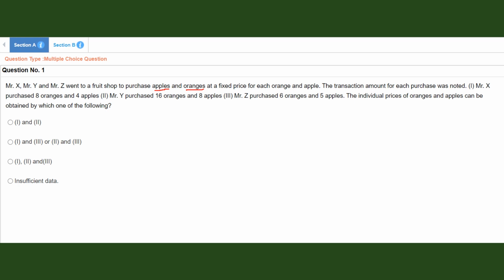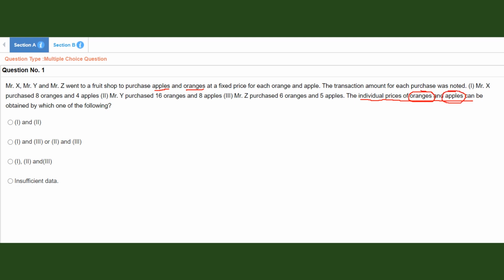There is option 1 and 2, the second option of 1 and 3, or 2 and 3, option number 3 is 1, 2 and 3, and option number 4 is insufficient data. Since they have asked for the individual prices of oranges and apples, we need to find the two variables, orange and apple.